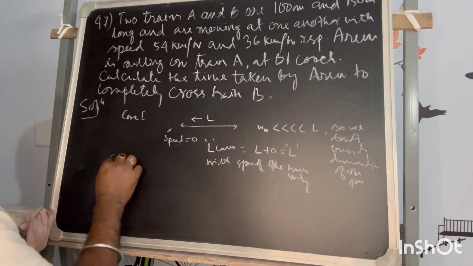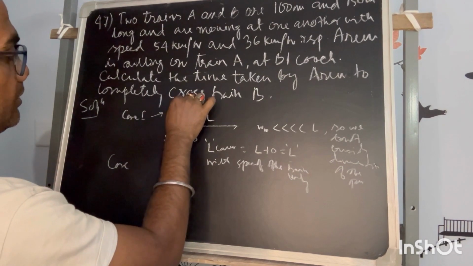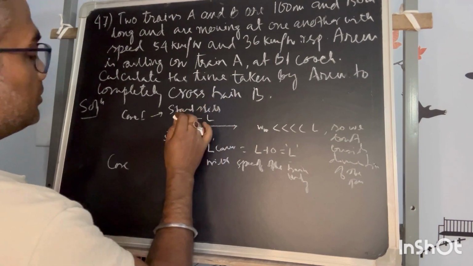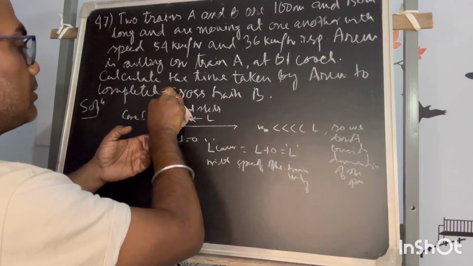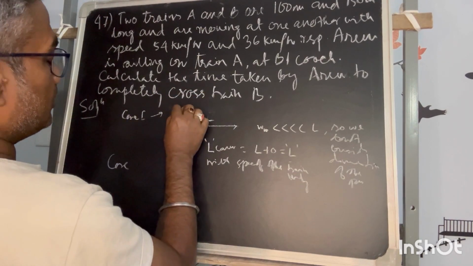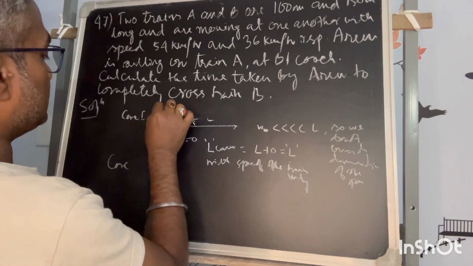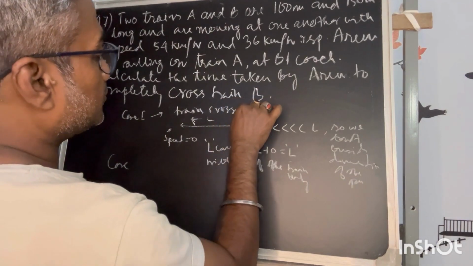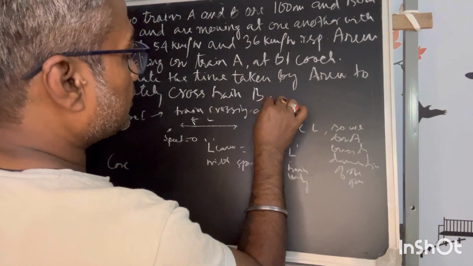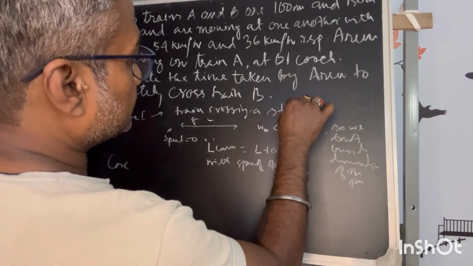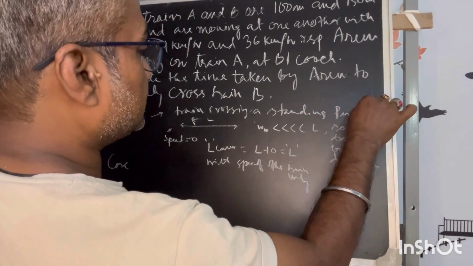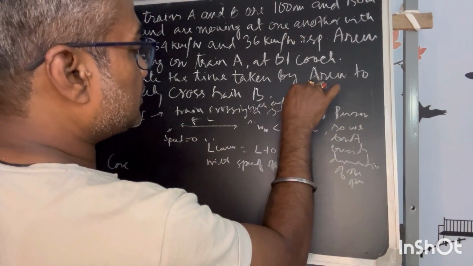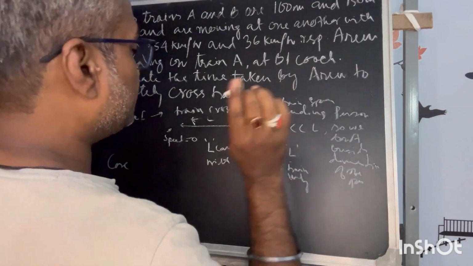Okay, this is case 1. This can be named as: train crossing with certain speed a standing person. This is the case 1.